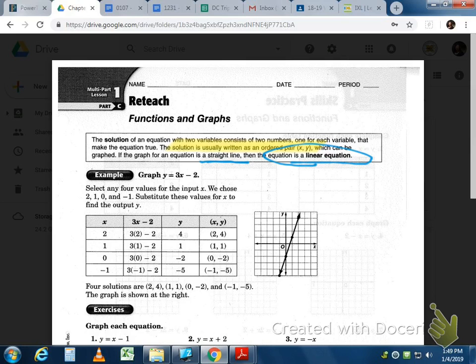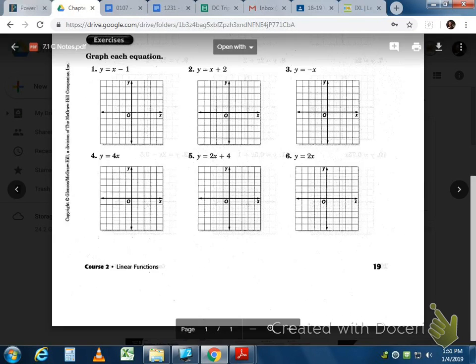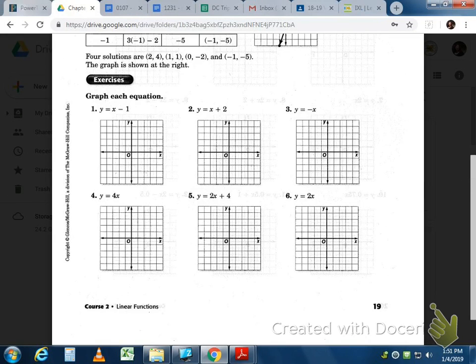Now, let's look at the first example towards the bottom. y equals x minus 1. Here's the problem with this. They haven't given us function tables on here, so I'm going to show you what we're going to do. We're going to take this, y equals x minus 1. I'm going to come over here.